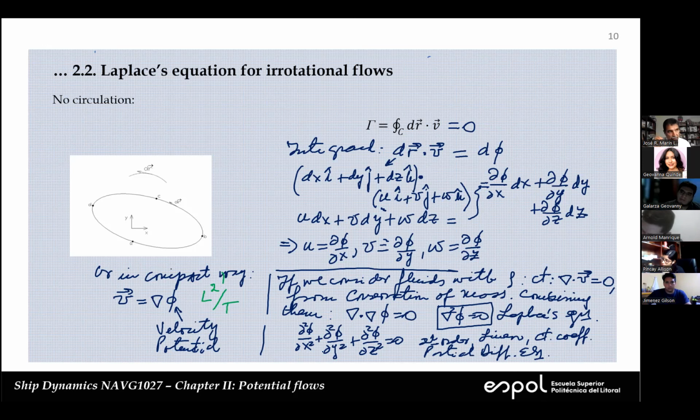You have to remember this. So Laplace's equation is conservation of mass with fluids of constant density and also no viscosity. No viscosity comes through the assumption that the flow is irrotational, and so the circulation is null.